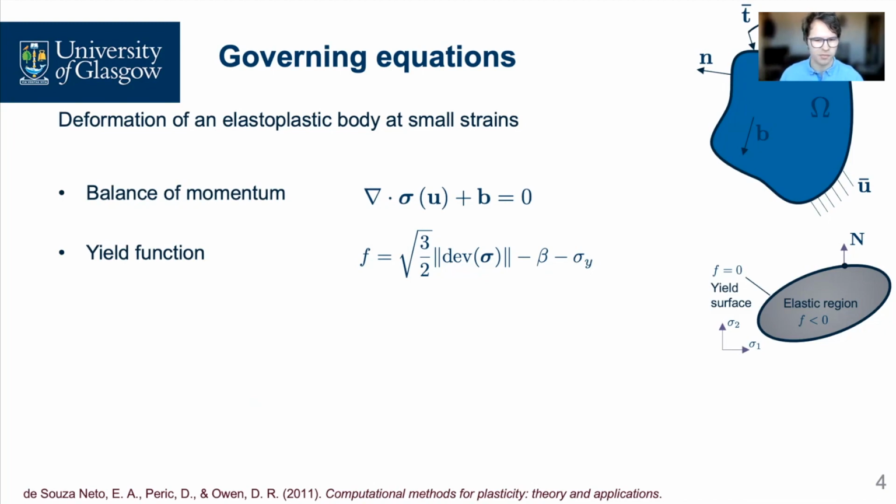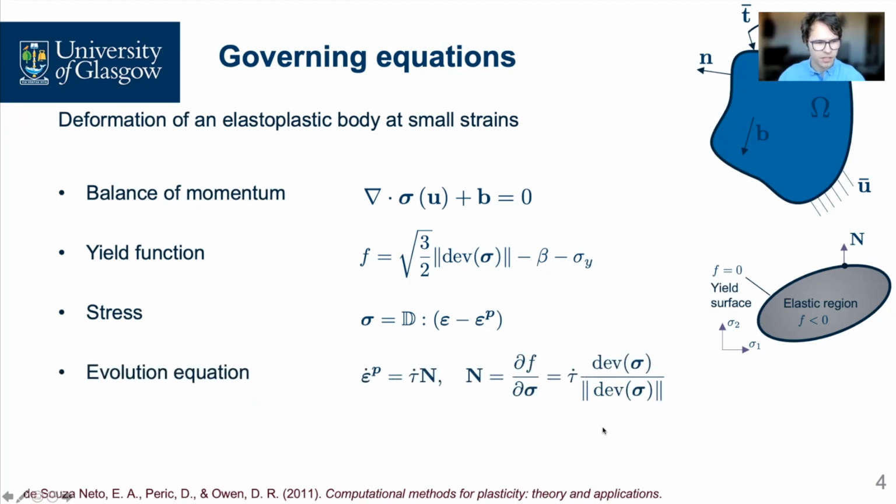Here we use the well-established von Mises yield function that is suitable for modeling metals. We assume that the total strain can be decomposed into elastic, so reversible, and plastic irreversible strains, which is typical for small strain formulation for plasticity.